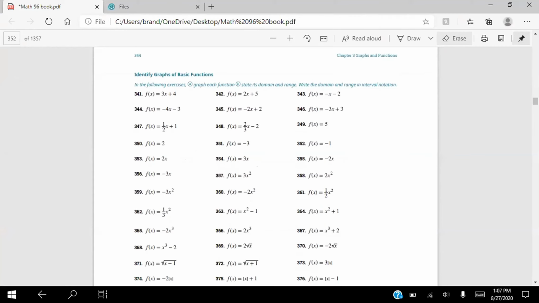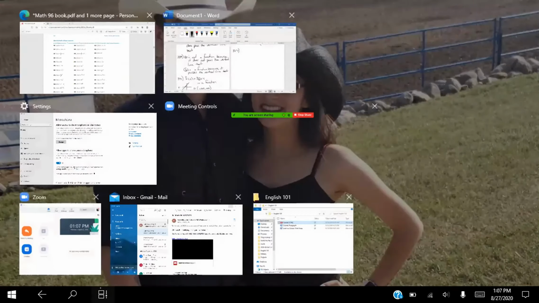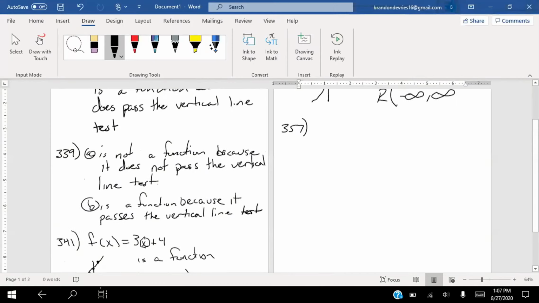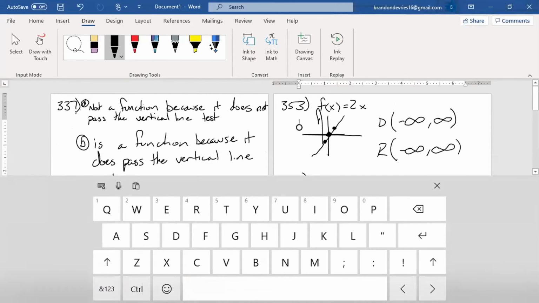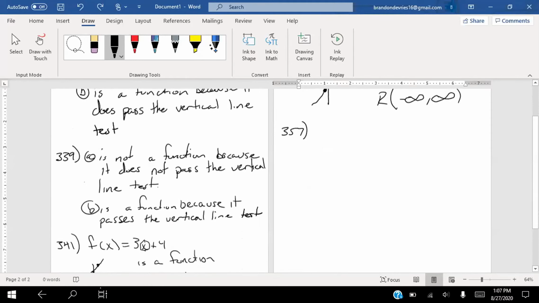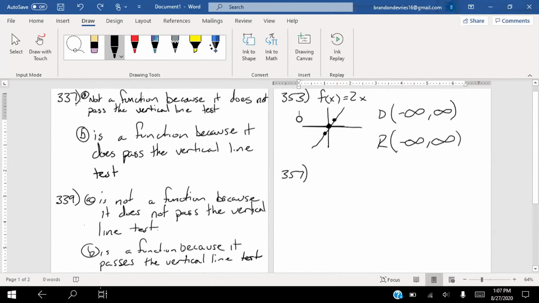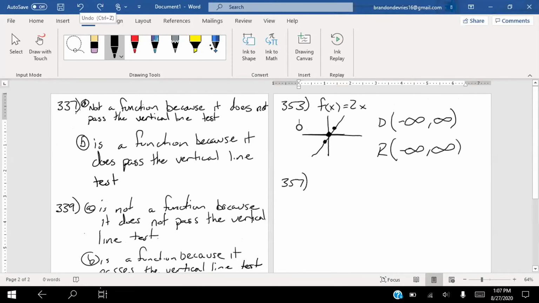f(x) equals 3x squared. So we're going to draw our graph.